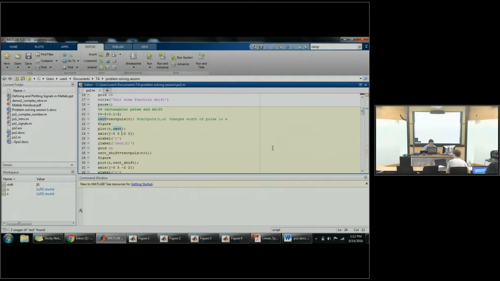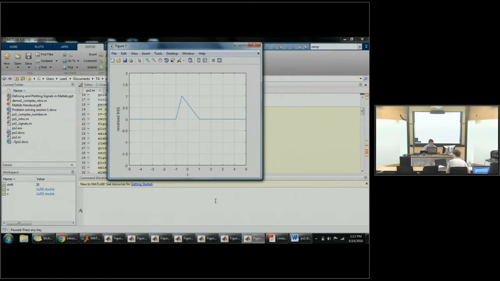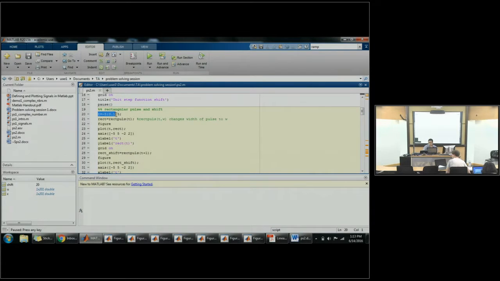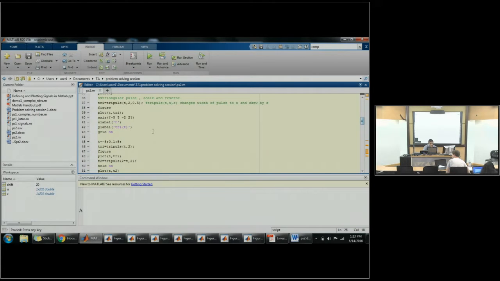Now let's run the triangular pulse thing. Oh, sorry. First going over the code that we have. Again, my time axis was defined earlier only. Now tripulse is the function that gives me triangular pulses.